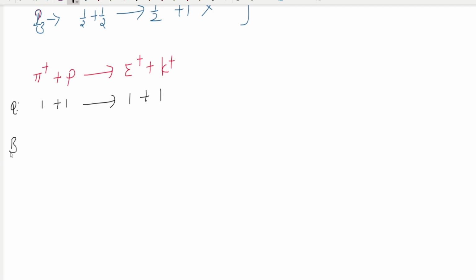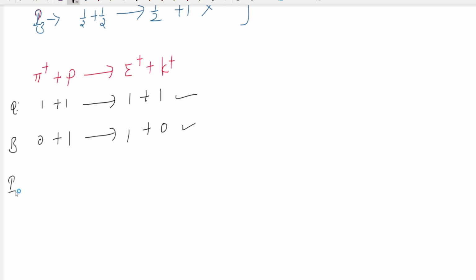Then conservation of baryon number. Is pi a baryon or not? Pi is a meson, so not a baryon. The proton is a baryon with baryon number 1. On the right, K is a meson, so 0, and the sigma has baryon number 1.